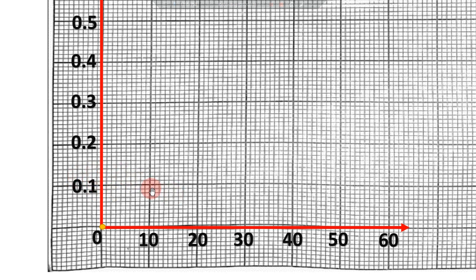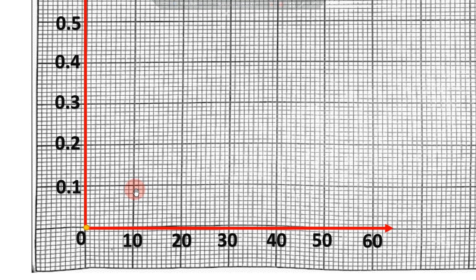Remember, when we want to find a smaller unit, we divide the unit represented in that box by the number of lines in that particular box. Where the 0.1 is, that box is a 2 centimeter box and it has 10 lines. So when we divide 0.1 by 10, we get 0.01.